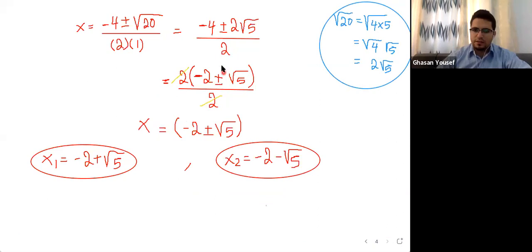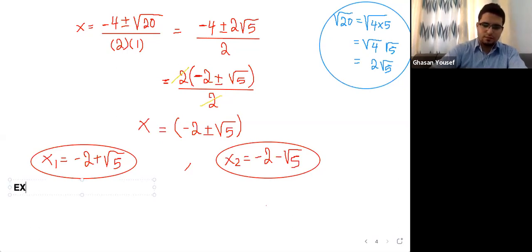Again, any question for this example? That was how we can use the quadratic formula. Okay, another example, the same thing by using the quadratic formula.